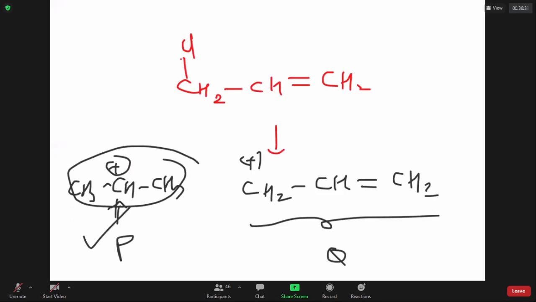But here, the carbocation plus charge, single bond, double bond. The positive charge is in conjugation with a double bond. Therefore, the pi bond can come here, so that due to resonance, it can have a canonical structure like this.